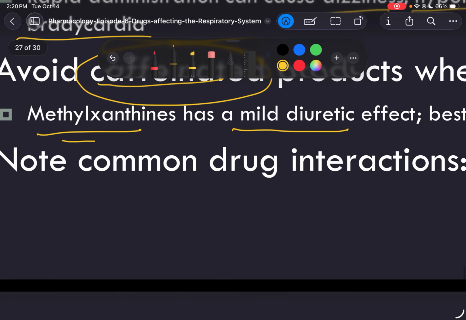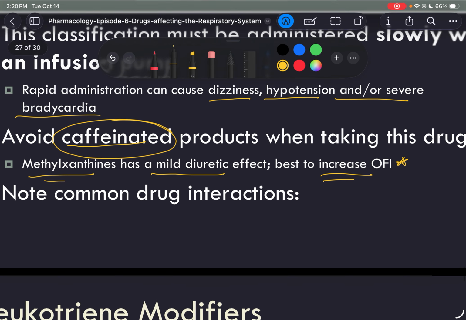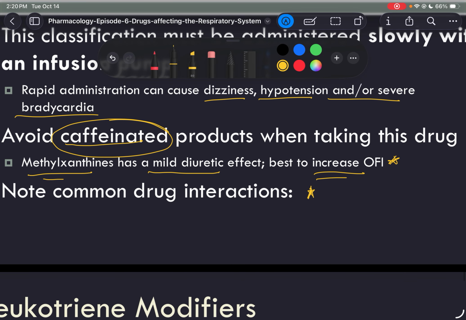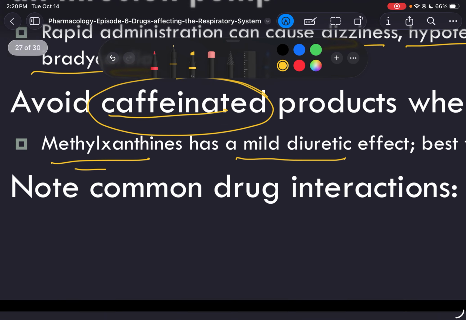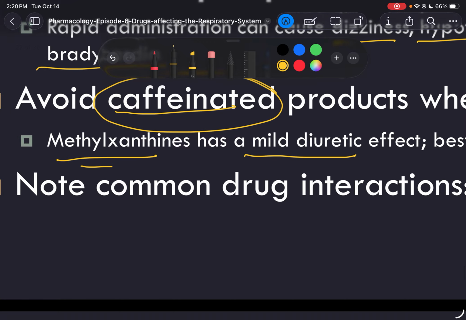You have to note common drug interactions, and I want to put a big star on this, class. Theophylline has a lot of drug interactions. First, theophylline increases digoxin toxicity risk.